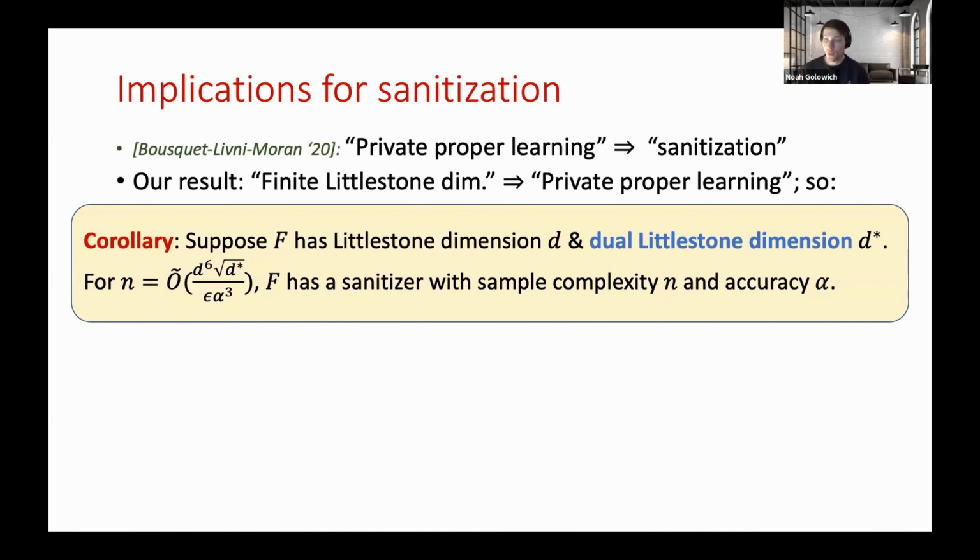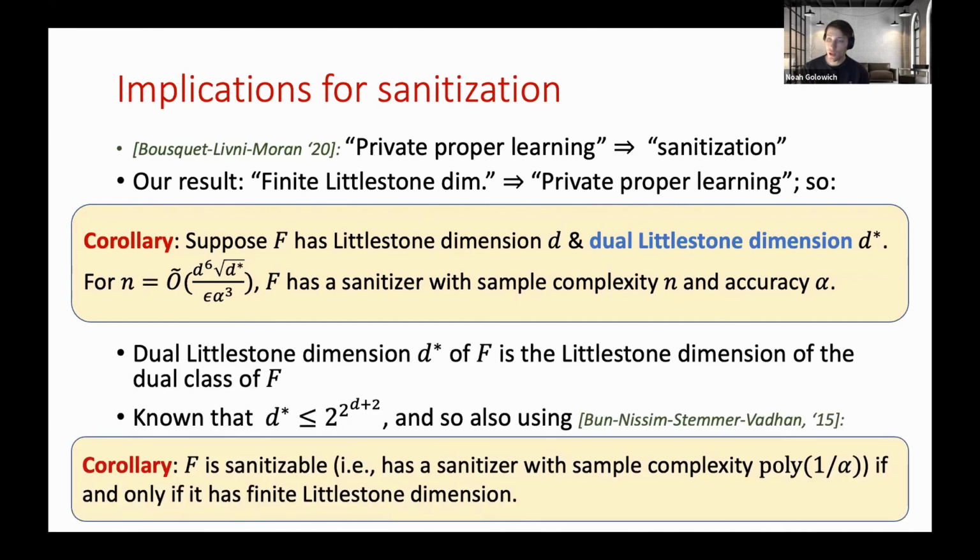Suppose you have a class F with Littlestone dimension D and dual Littlestone dimension D star. Then for a number of samples n, which is polynomial in both D and D star, this class F has a sanitizer with sample complexity n and accuracy alpha, where the number of samples grows polynomially in 1 over alpha and also 1 over the privacy parameter epsilon.